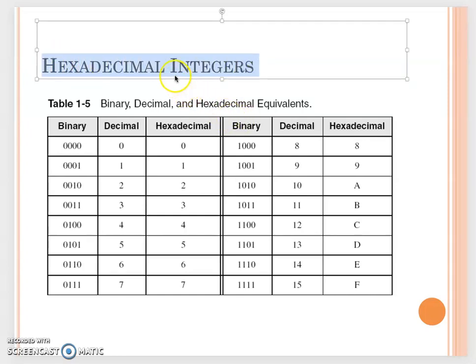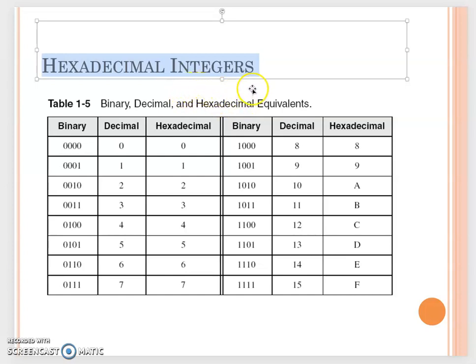So what is hexadecimal? Hexadecimal represents 16. Earlier when we talked about binary numbers, you only have 1 and 0. Decimal numbers go from 0 to 9, right? So in hexadecimal, 1 digit contains 16 different values. We start from 0.